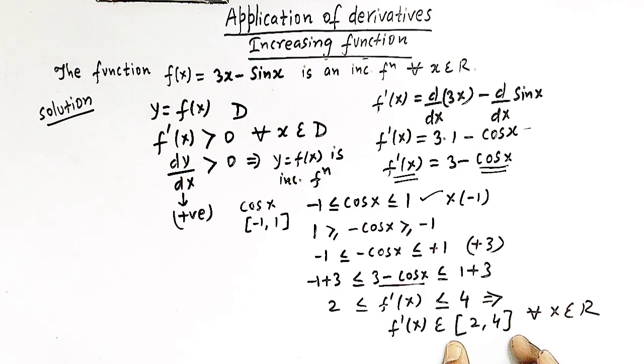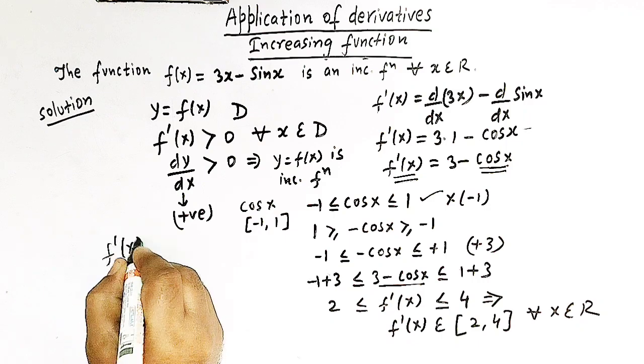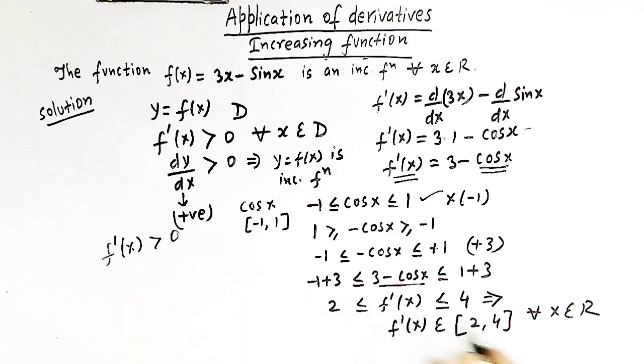So now from this interval, we can easily conclude that the derivative f prime of x belongs to this interval, and here 2 is a positive quantity and 4 is also a positive quantity, right? So f prime of x is always going to be a positive quantity for all x belonging to R, because here 2 is positive and 4 is also positive, and the derivative is having values between these two numbers, including 2 and 4, right?